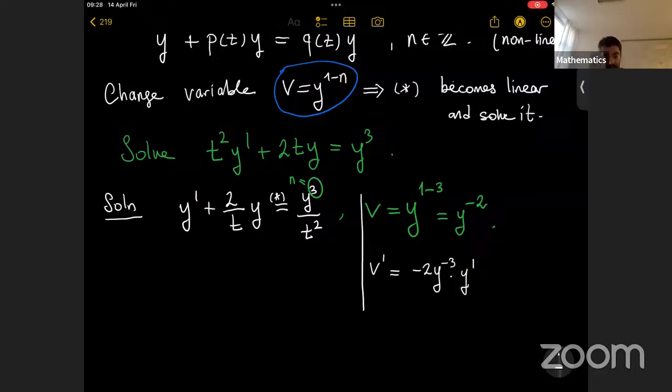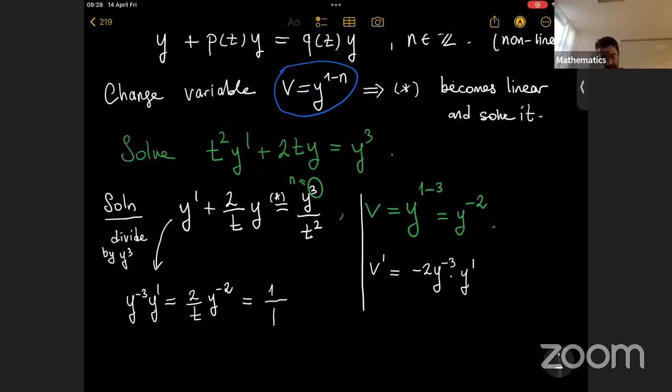Well, what you can do is first divide everything by y to the minus 3, so it becomes divide by y cube, and we have y to the minus 3 y prime is equal to 2 over t y to the minus 2, okay, is equal to 1 over t squared.